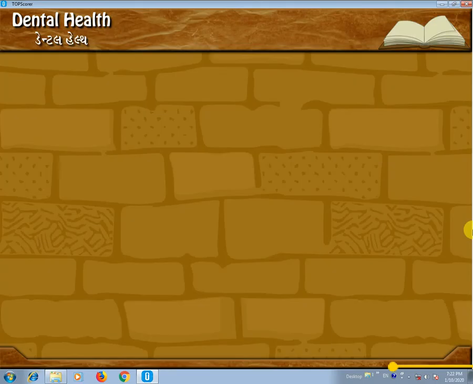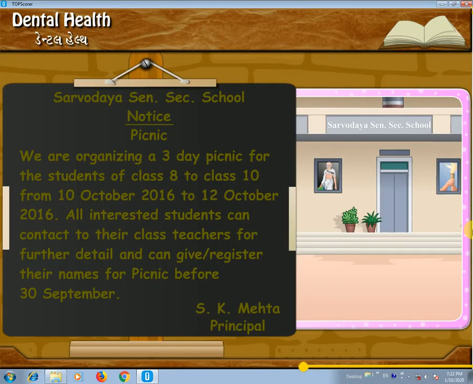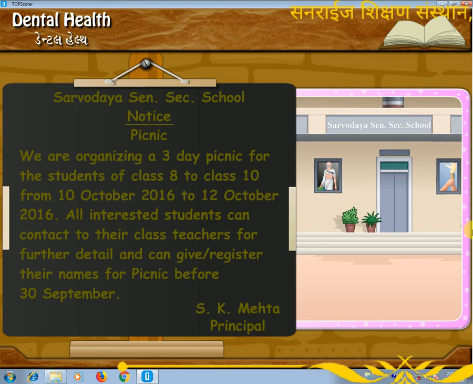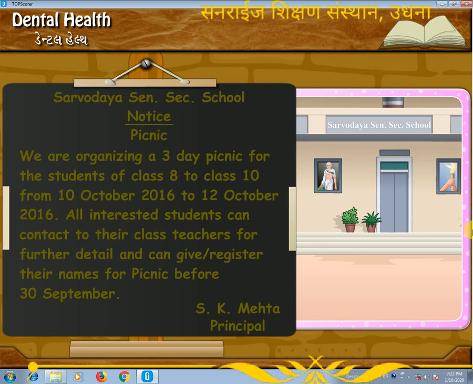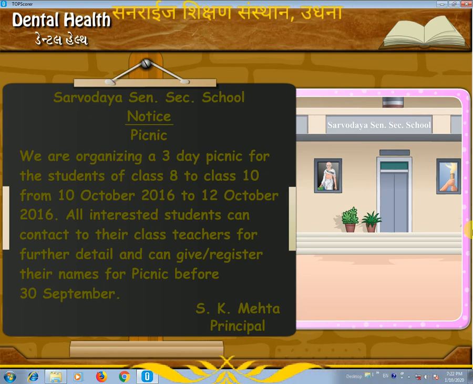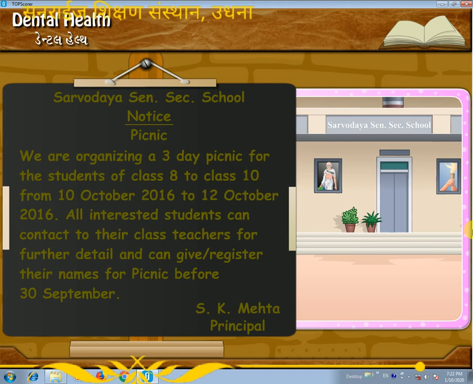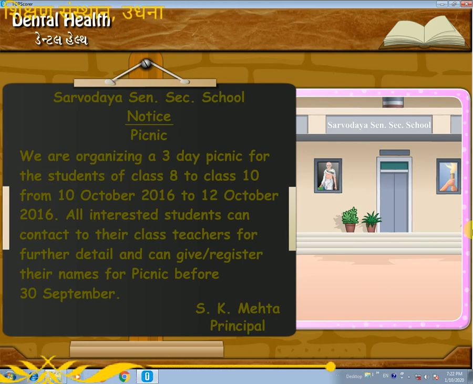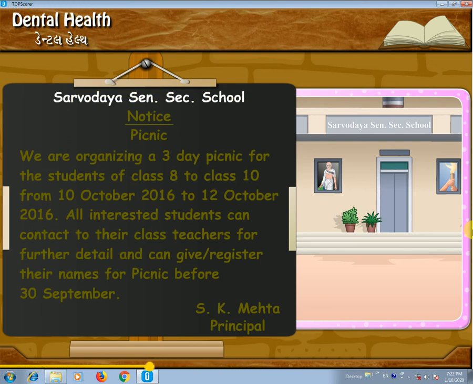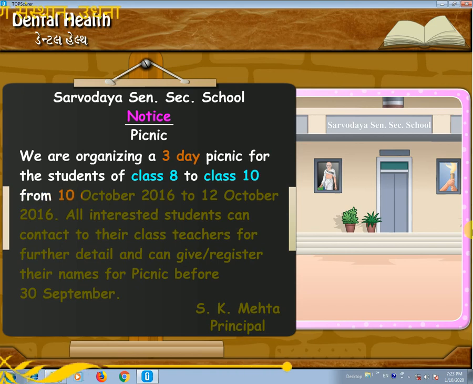We are organizing a 3-day picnic for the students of Class 8 to Class 10 from 10th October 2016 to 12th October 2016. All interested students can contact their class teachers for further details and can register their names for picnic before 30th September. S.K. Mehta, Principal.